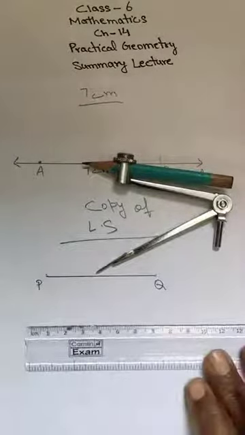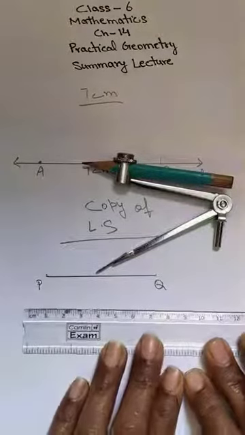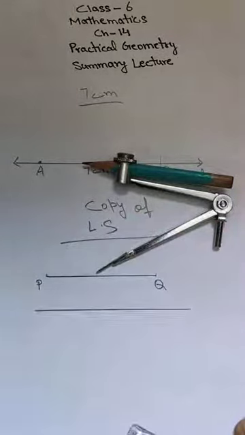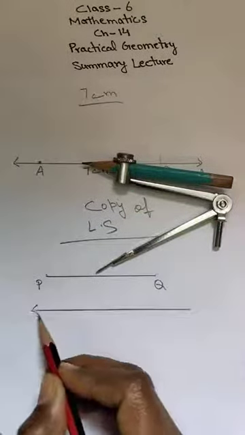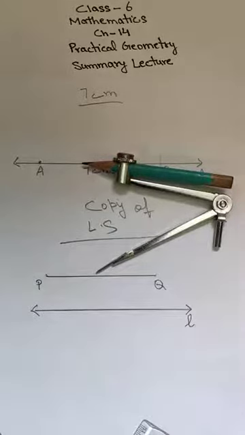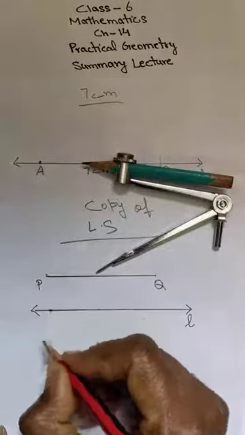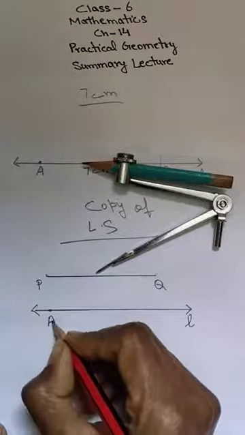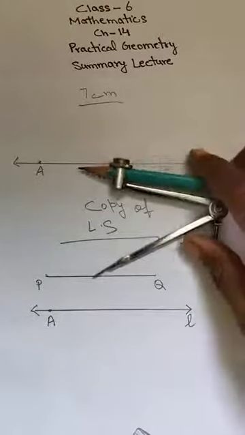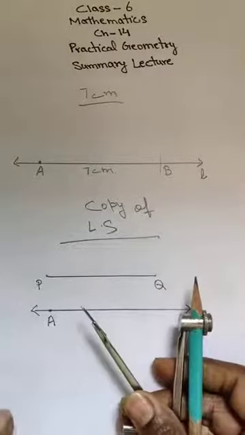Now draw a line L, mark a point A on it. Don't change the setting of the compass.